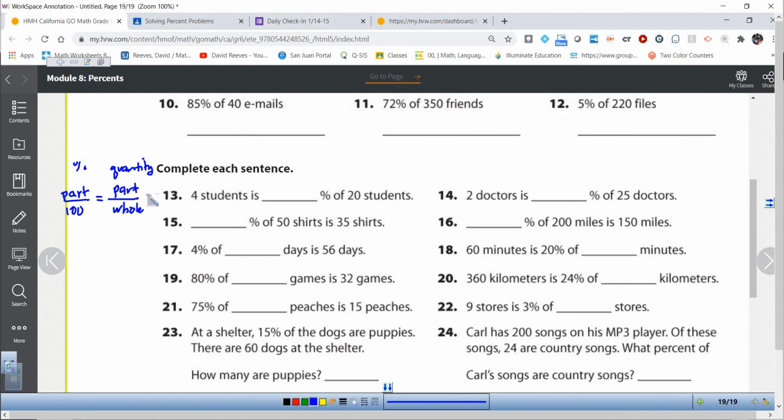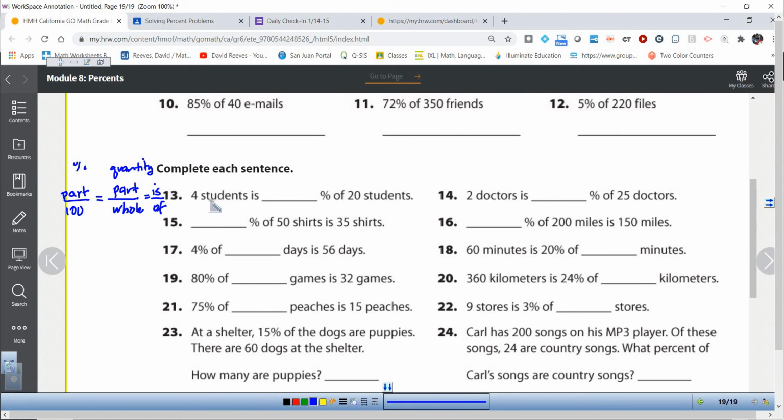And remember, "is" is usually an indicator of the part, and "of" is an indicator of the whole. That will help you know how to fill it in, because for every one of these problems, they're going to give us 3 out of the 4 parts. Well, the 100 is a given, so they don't have to give it.